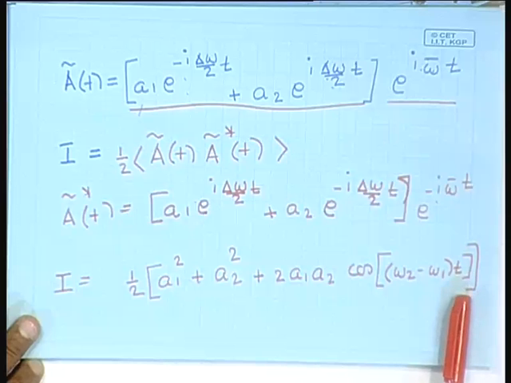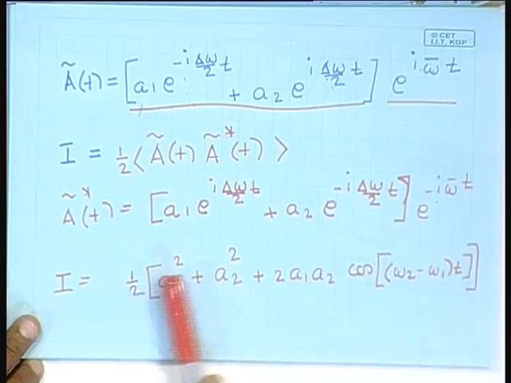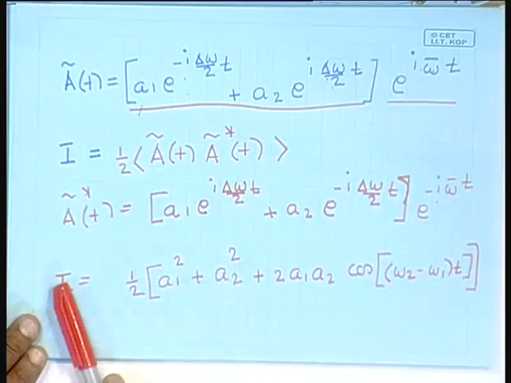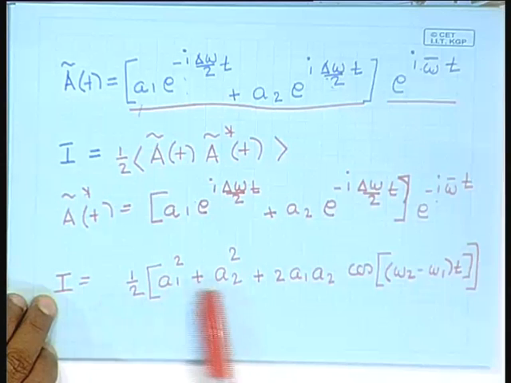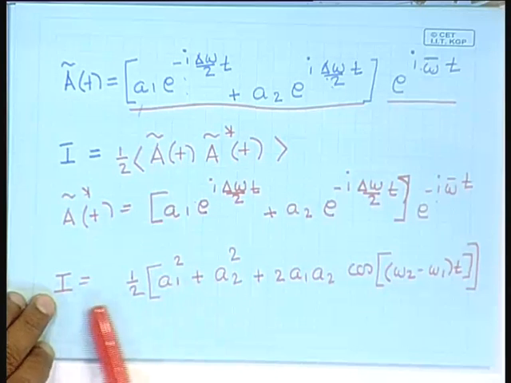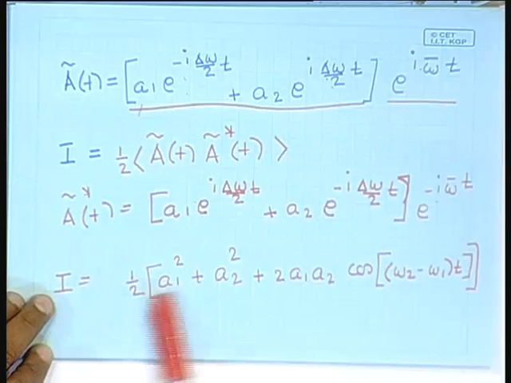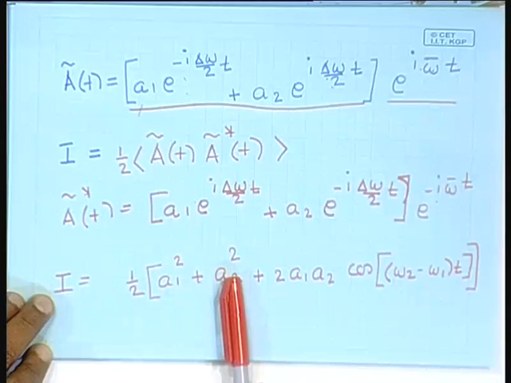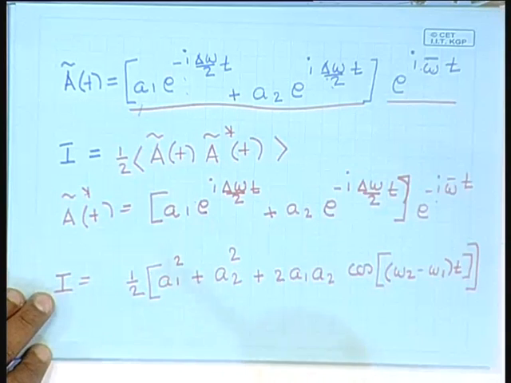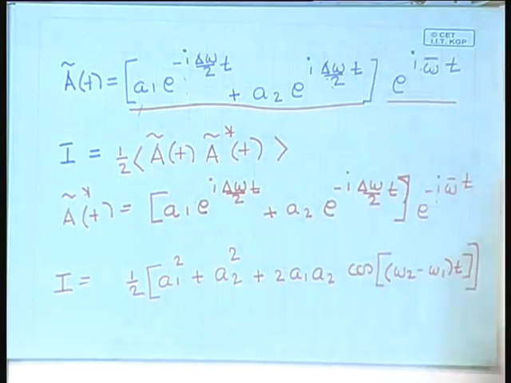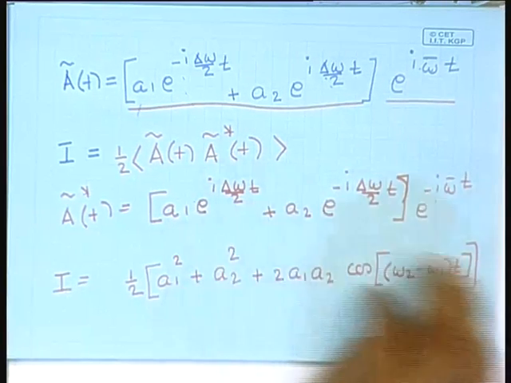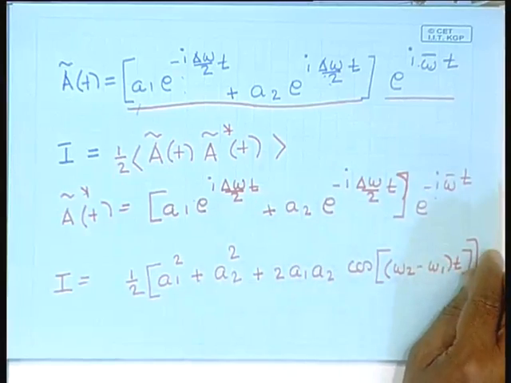If a1 and a2 are exactly the same, the intensity is going to have a maximum value which is 4a square, 4 times the individual intensity, and the minimum value is going to be 0. If a1 and a2 are not identical, then the variation is not going to go between 0 and the maximum value; the minimum will be more than 0 and the maximum will be less than what you have in this particular case.